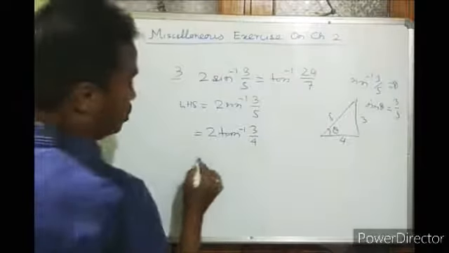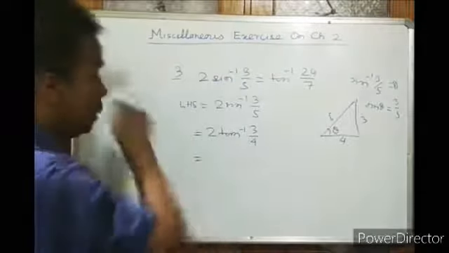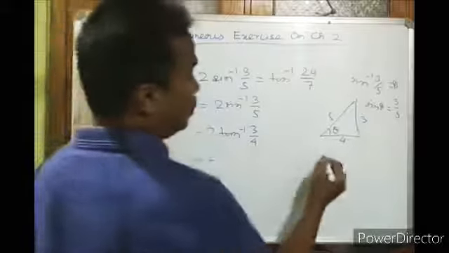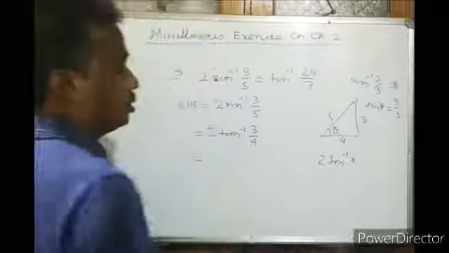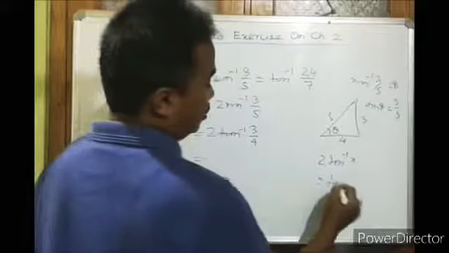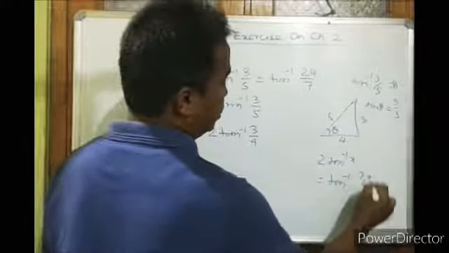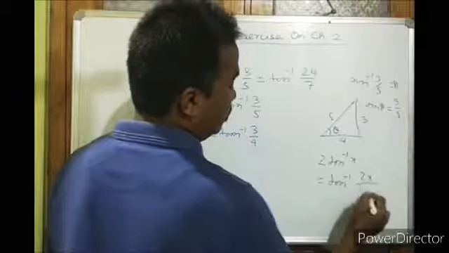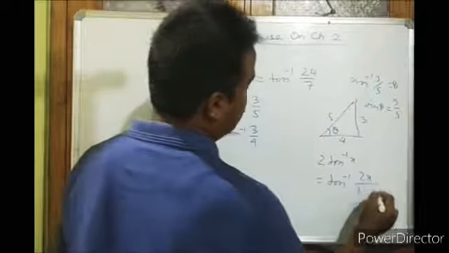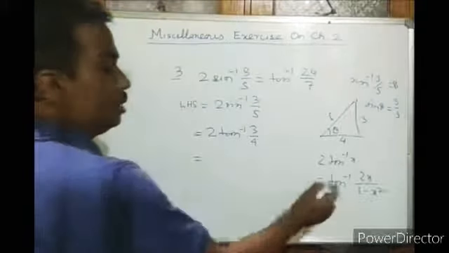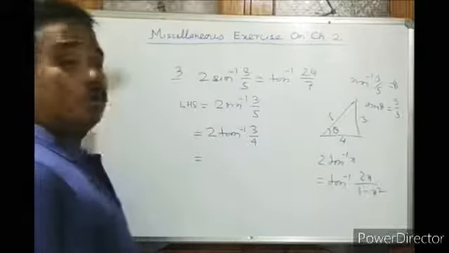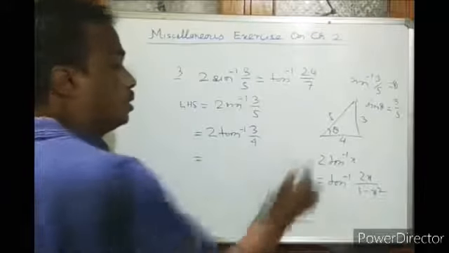Again we have got the formula: twice tan inverse x is equal to tan inverse twice x by 1 minus x square.